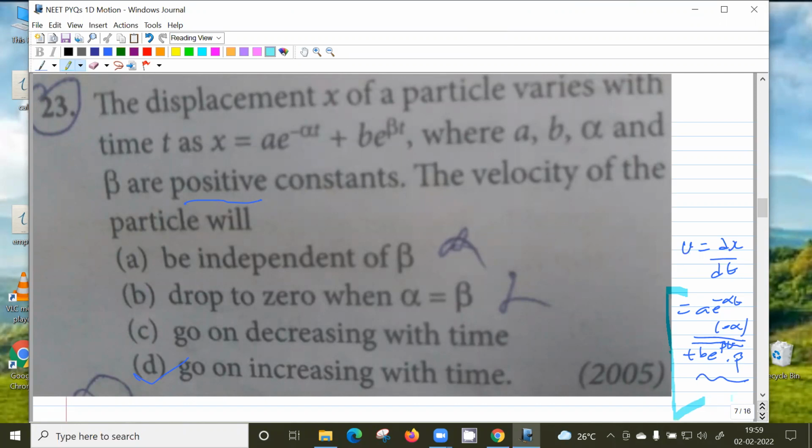Yes, sir. From that, how do you say that it will increase? So the second term, as time increases, will keep on increasing, right? e raised to the power of a positive quantity. Yes, sir. And the first term, if you just leave this negative sign, will keep on decreasing, right? Yes, sir. But it is minus.